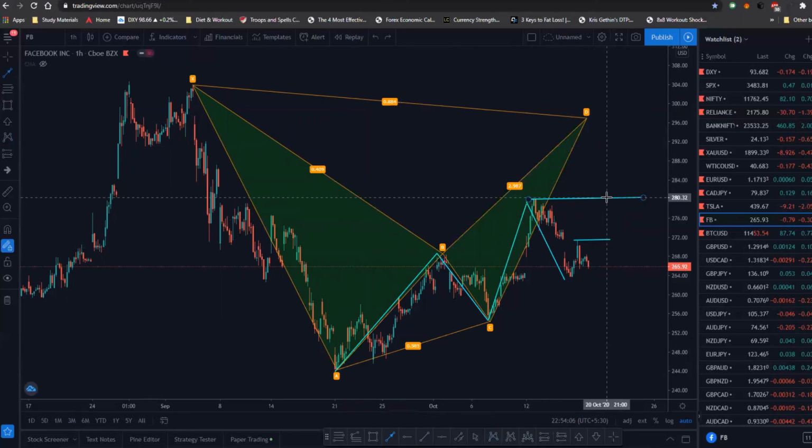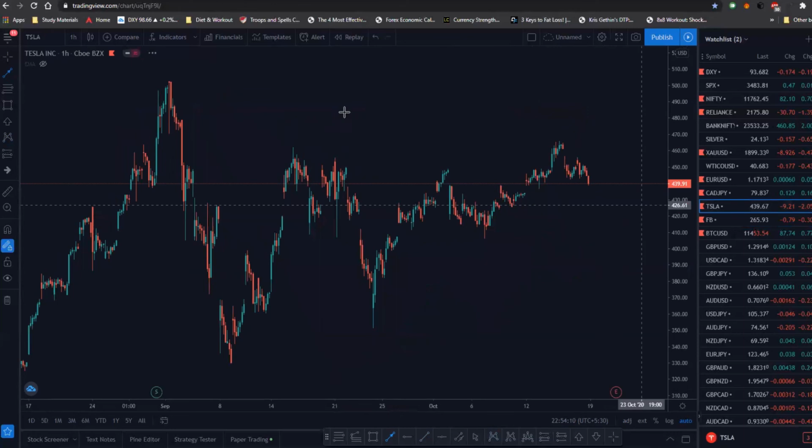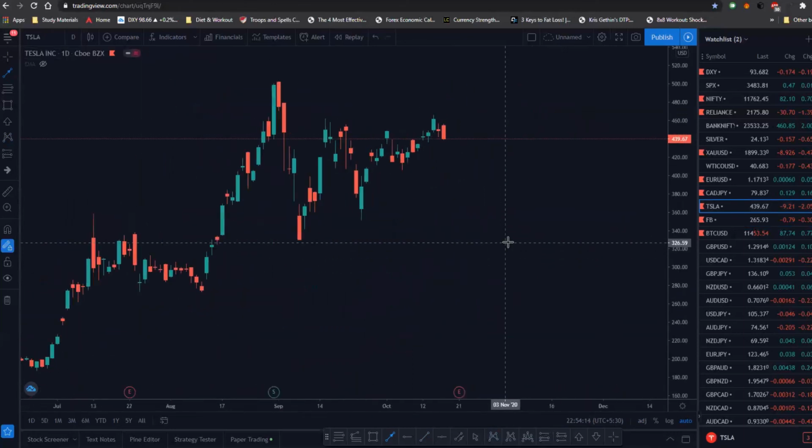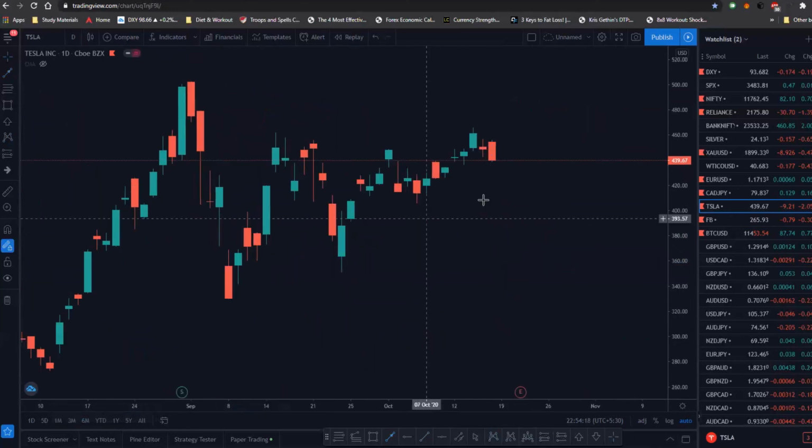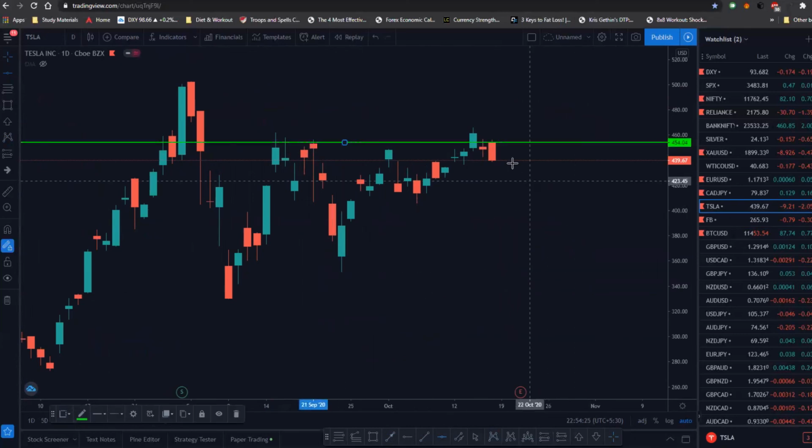All right. And now let's go to Tesla. Let's go to daily time frame. Tesla, why I'm expecting it to go down is just because we have a good level of structure over here. Okay. And we have a lower low, lower close candle as well.